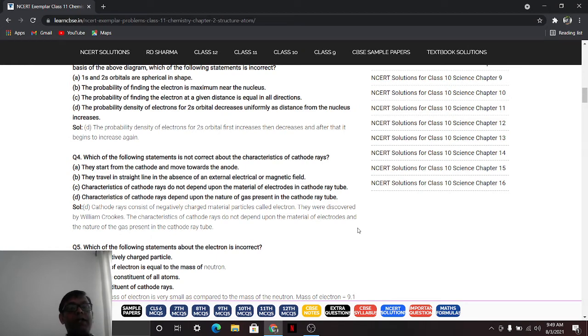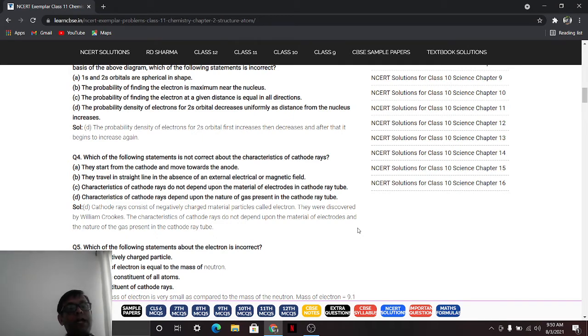Which of the following statements is not correct about the characteristics of cathode rays? They start from the cathode and move towards the anode. That is correct.